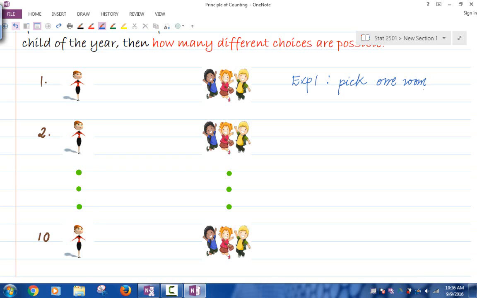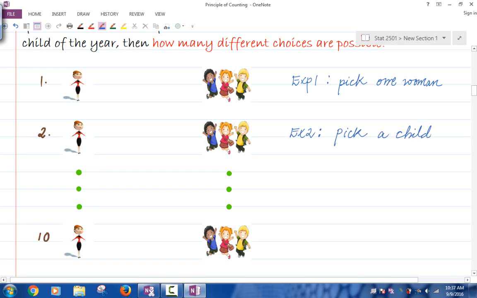Spelling error. And here the number of possibilities is what? And let me write down experiment 2. Pick a child.